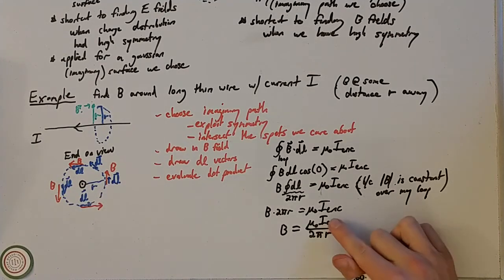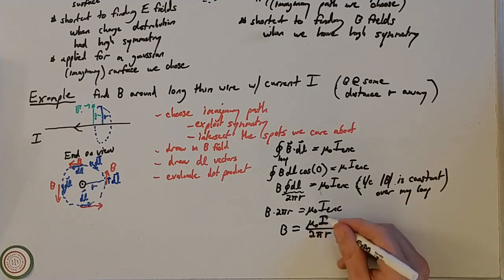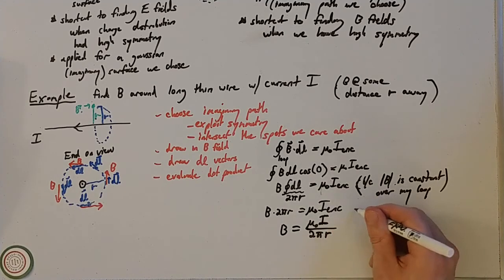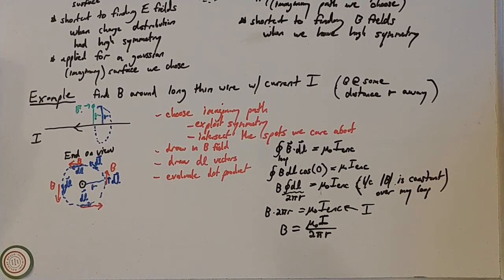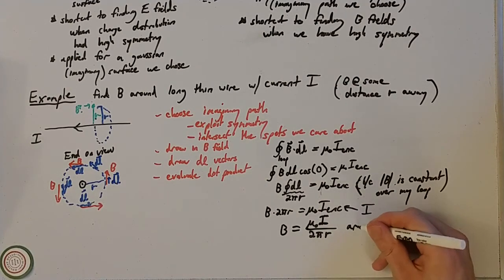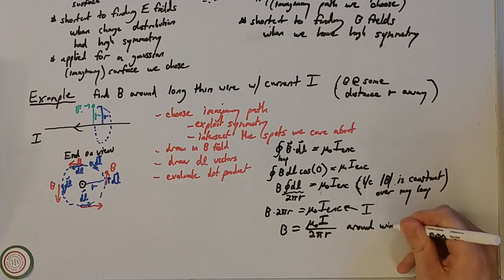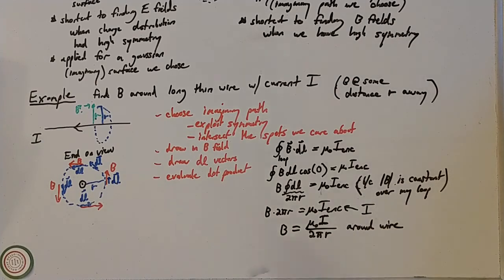So I can just replace I enclosed with I. I'm almost done. This gives me the magnitude of B. What's the direction? The direction is around the wire. As I've drawn in the picture, it loops around the wire.